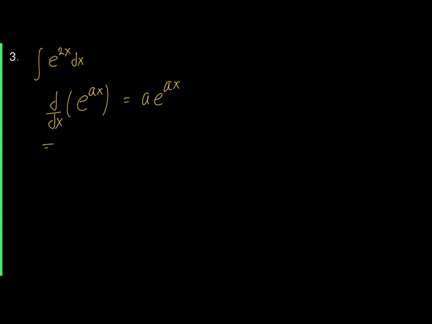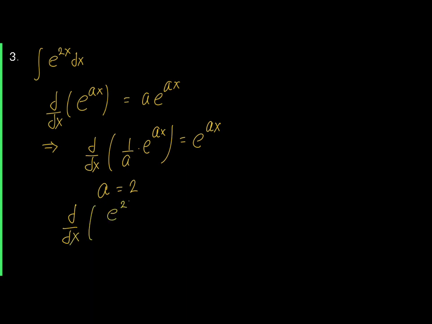So from here I can also write d by dx of 1 upon a times e to the power ax equals e to the power ax. Now putting a equals 2, I get d by dx of e to the power 2x upon 2 equals e to the power 2x.